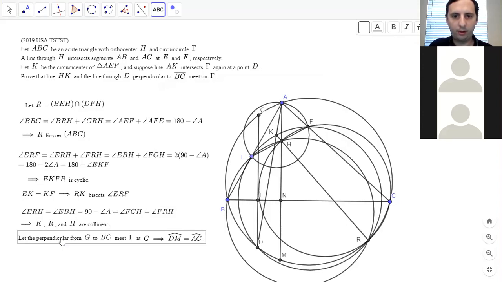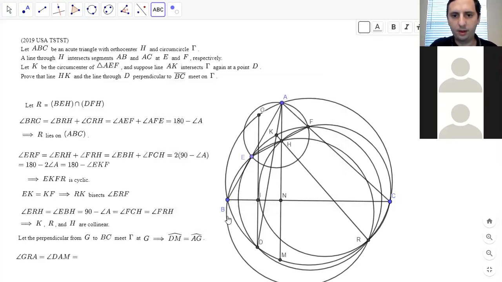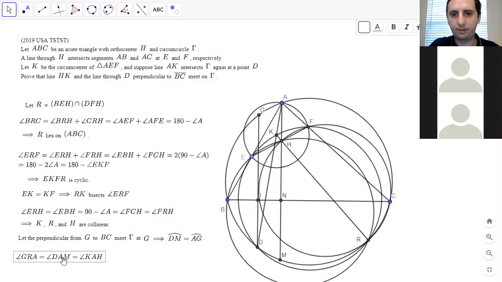Because then we have angle GRA is DAM, which is KAH. Oh, we have to show the similar triangles. So this will be the last step. So KAH is KRA.